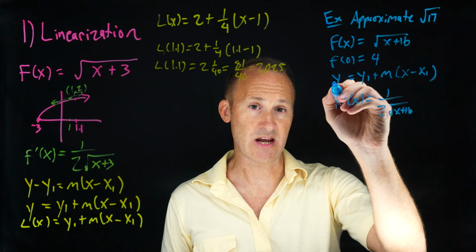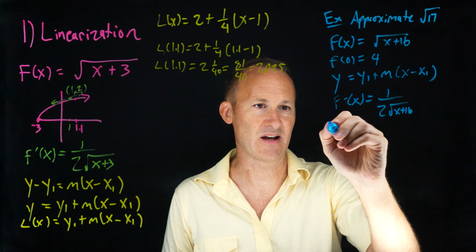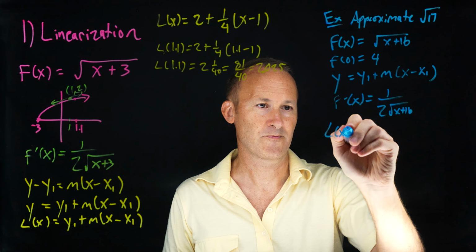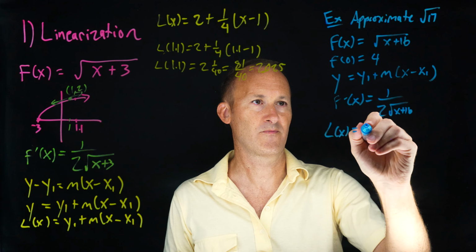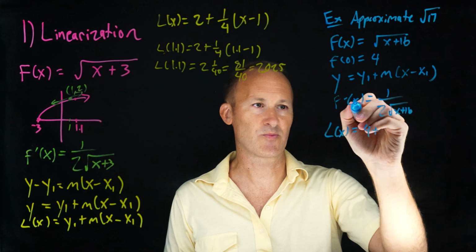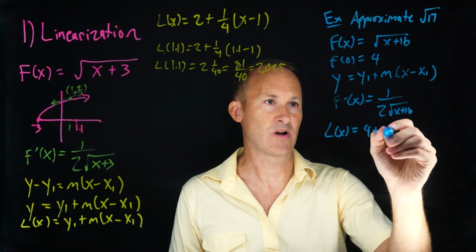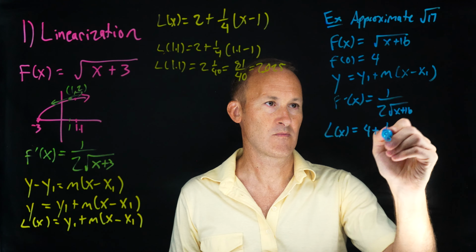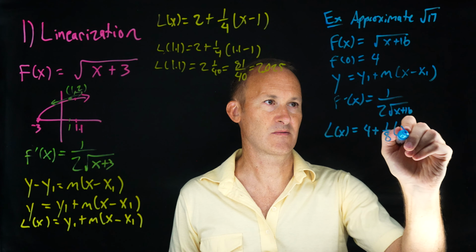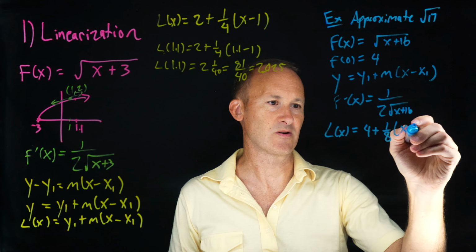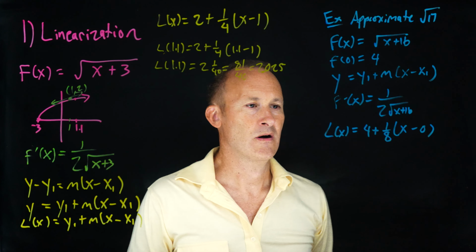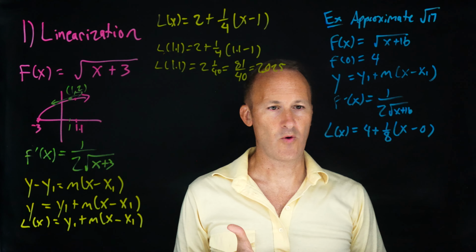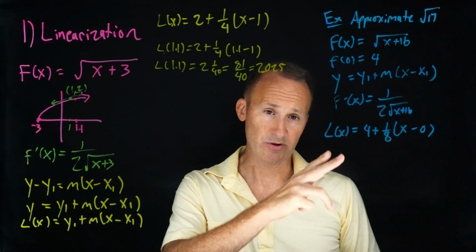So the linearization, just changing this y to L of x, either way is okay, is going to equal y1, which is 4, plus m, which is 1/8, times x minus 0. So that is our linearization.